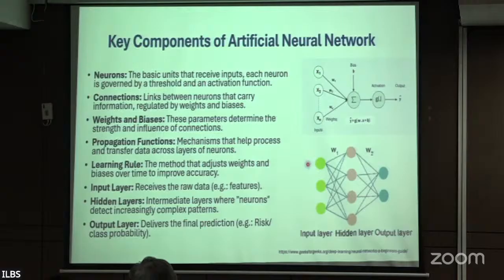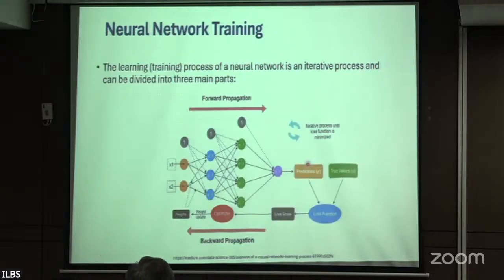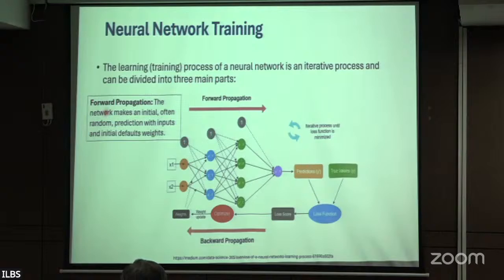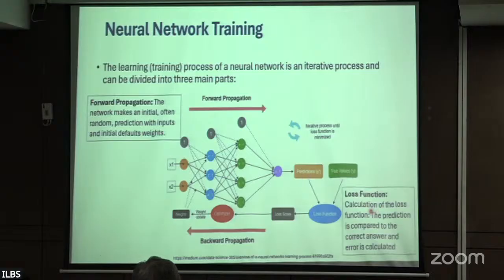So the basic structure is this, and how does the machine learn? First, forward propagation takes place, meaning all inputs are given, calculation is done, and some output is there. The true value will be compared with the prediction value. Here, the loss function is the analysis of the difference between the predicted value and the true value. Some errors will be there: the true value may be negative for the negative class, but the prediction may be positive. So false positive and false negative cases are there.